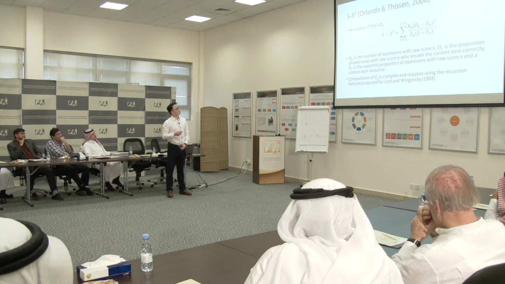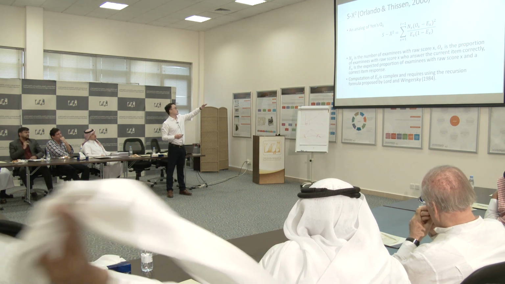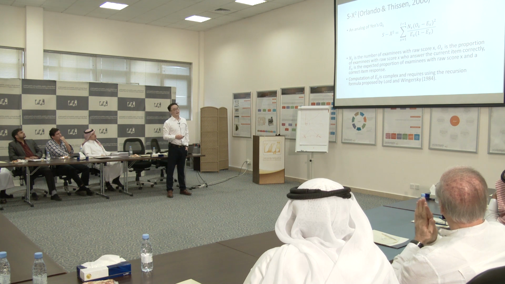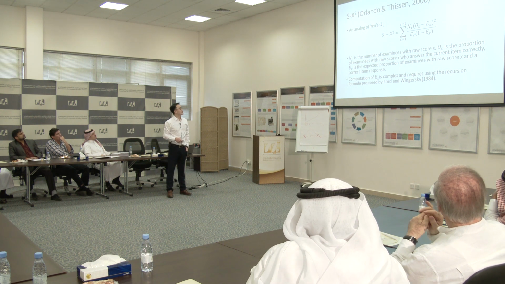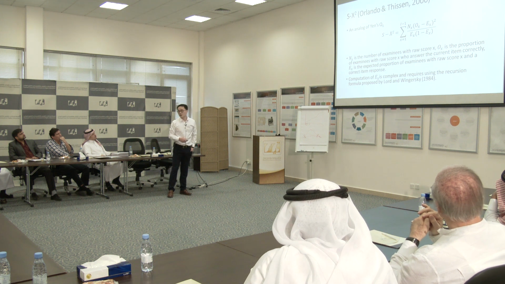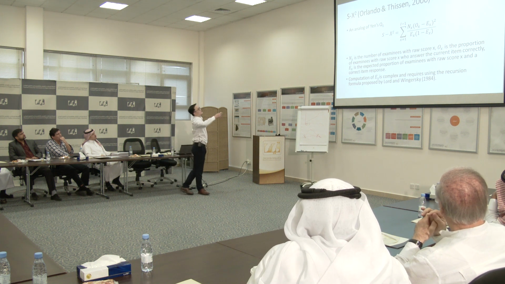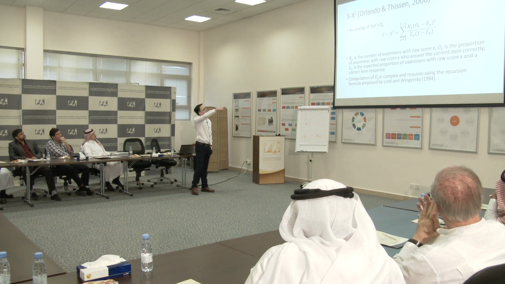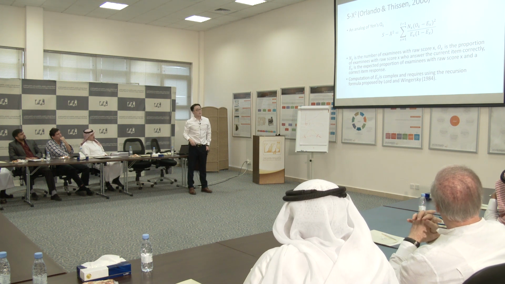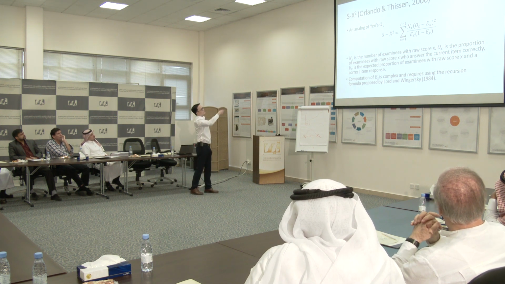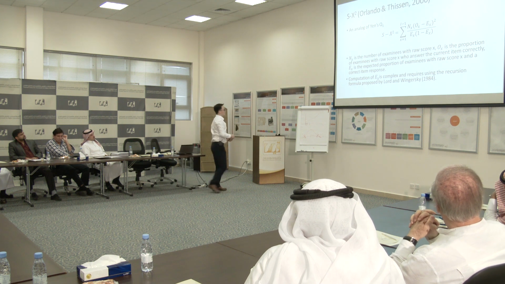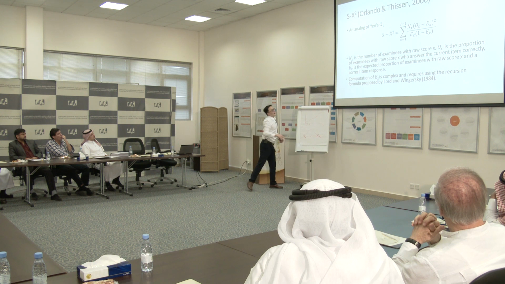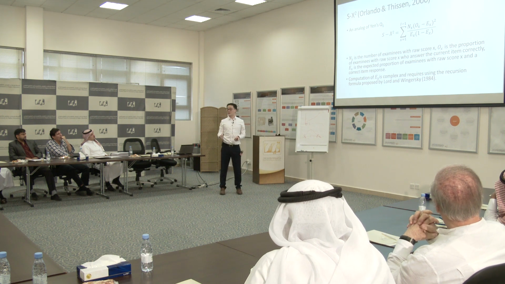So as a result of that, Thissen and his student Orlando published a very influential paper in APM in 2000, called S chi-square. It's very similar to Yen's Q1, with the only difference that, remember back then, when we said observed probability, it's not really observed, it's model dependent.